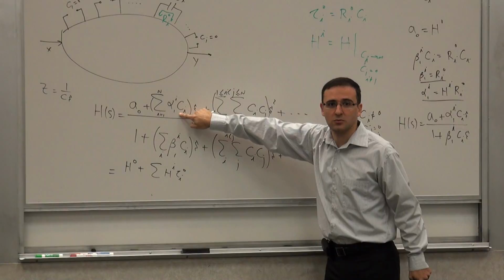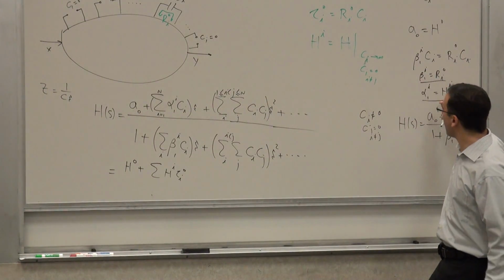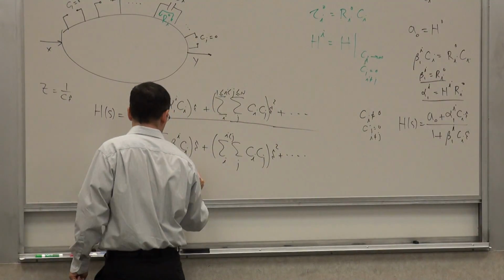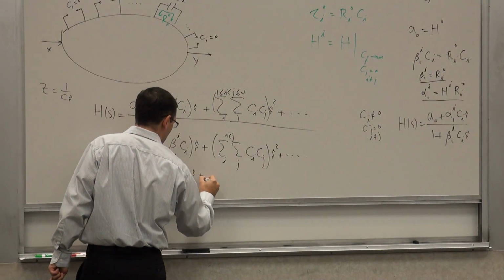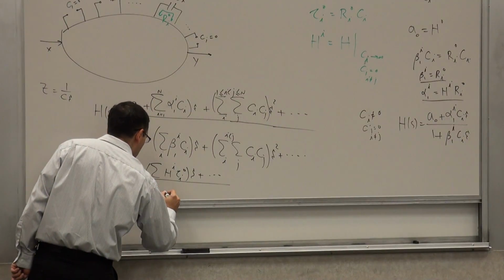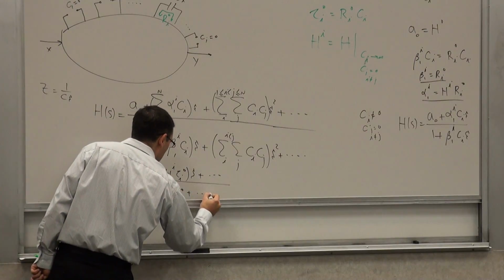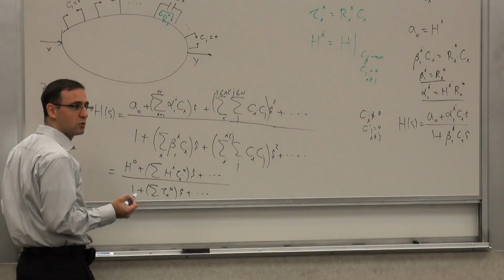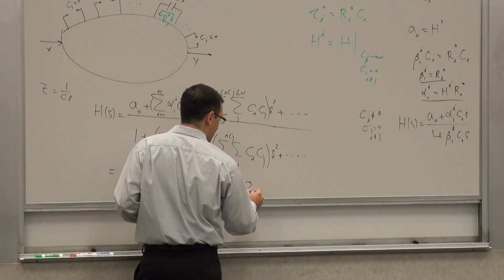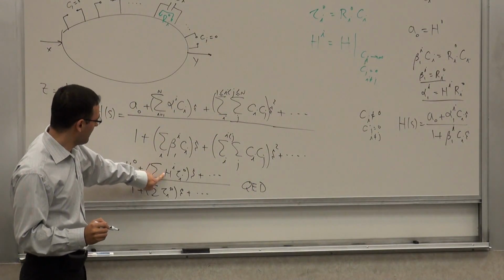The Ci comes from this one, and the Ri0 Ci gives you the tau i, times s, plus higher order terms, divided by 1 plus sigma tau i0 s plus higher order terms, which proves what we wanted to prove. Right? So this is A1, this is B1.